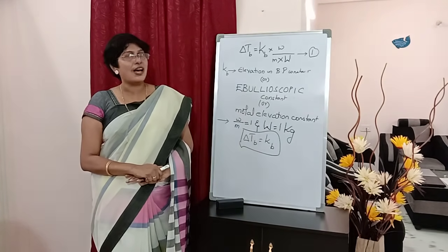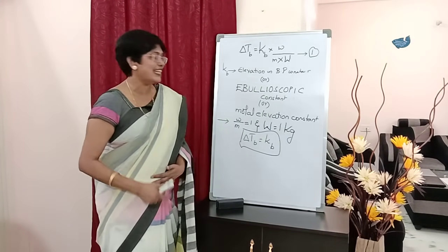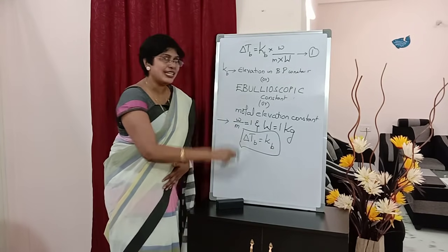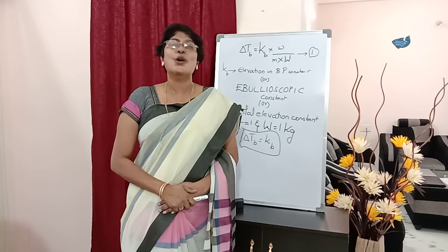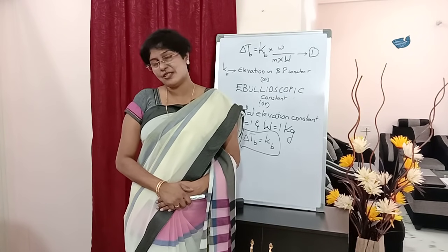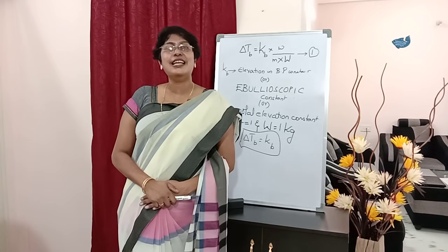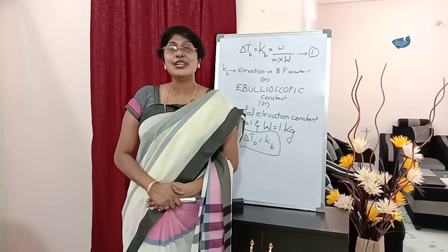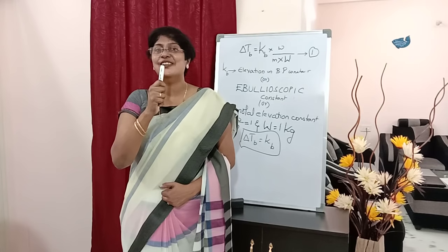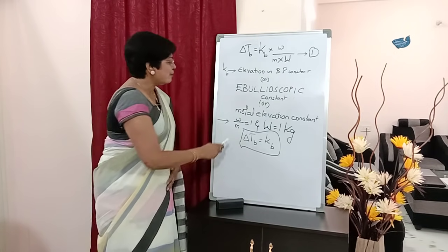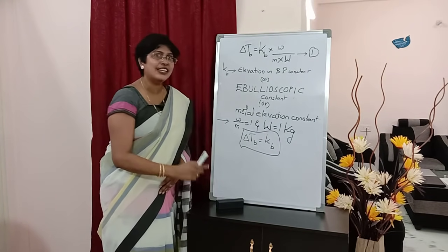Okay? So now, how will you define? Carefully listen. W by M is equal to 1. What is W? Weight of the solute. What is M? Molecular weight of the solute. What is weight by molecular weight? Number of moles. Okay. So now, number of moles of solute, how much, student? 1.